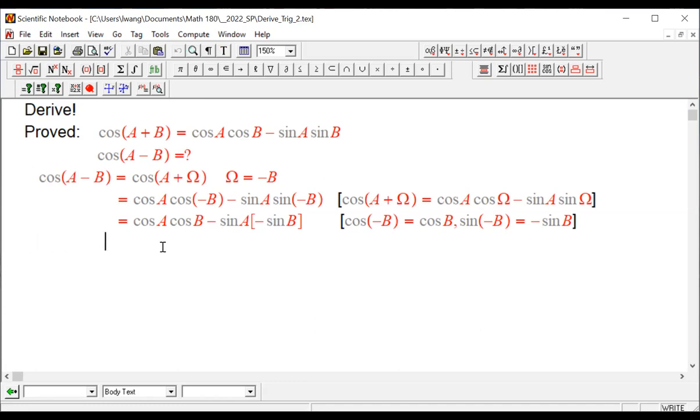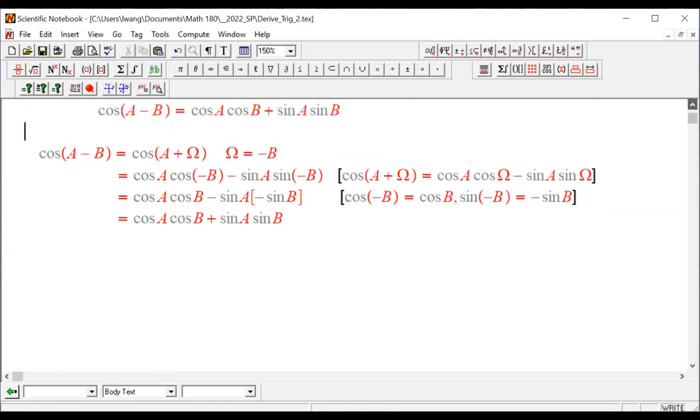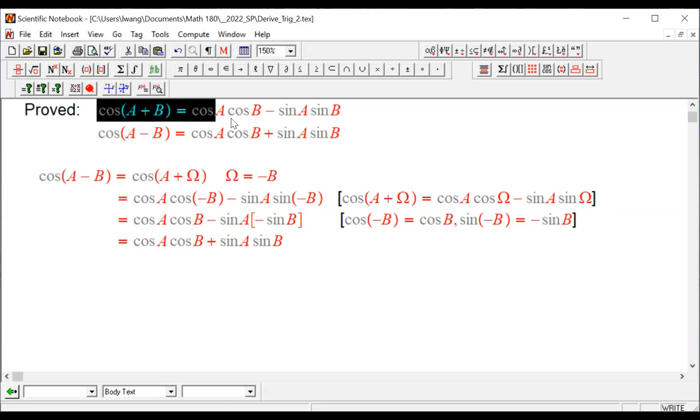As a result, our next step gets us to cosine A times cosine B, and since we have two negative signs, plus sine of A sine of B. So we have just proved that cosine A minus B equals that. So we have two identities in our study.